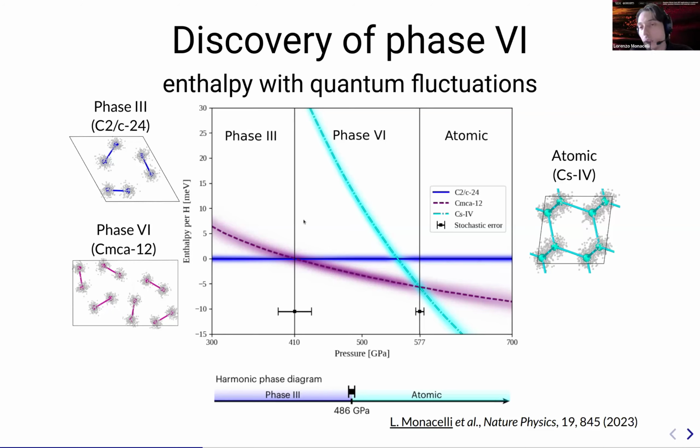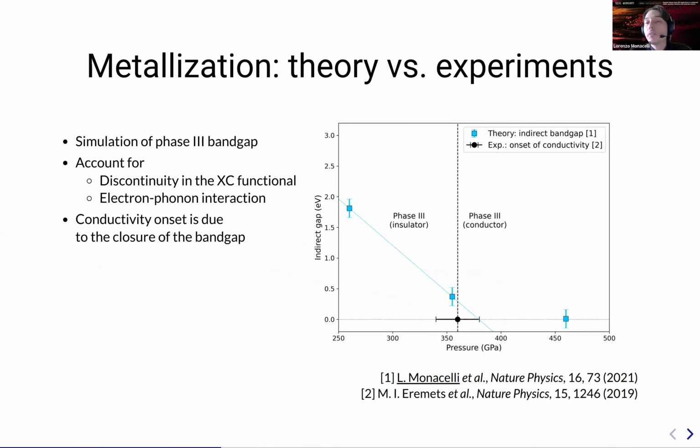And indeed, if you do this with standard DFT, you end up with something which is also completely different from this one. Now that's the phase diagram, but what about the experimental results? We need to compare with them. To do so, we simulated the electrical properties of phase 3 under pressure.